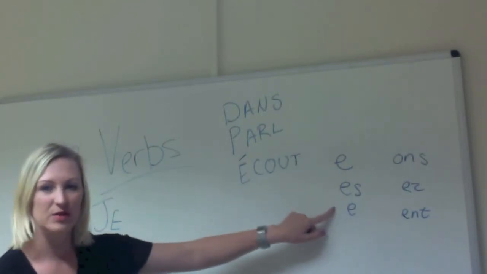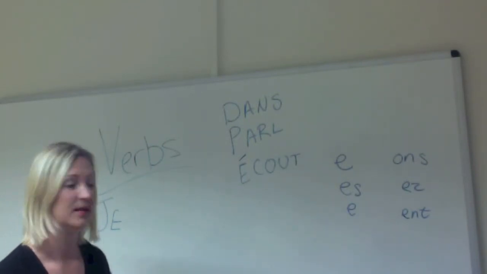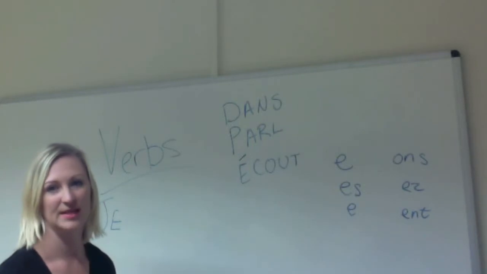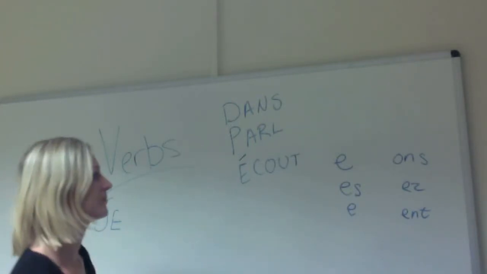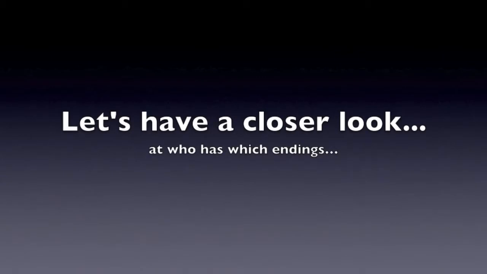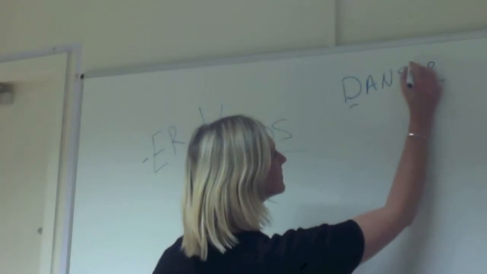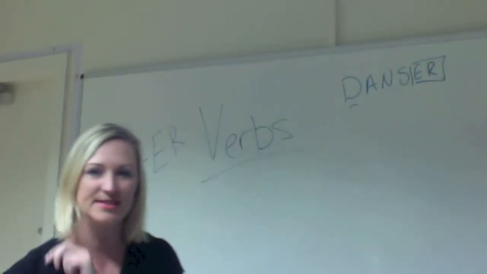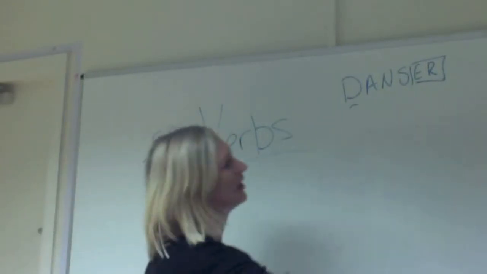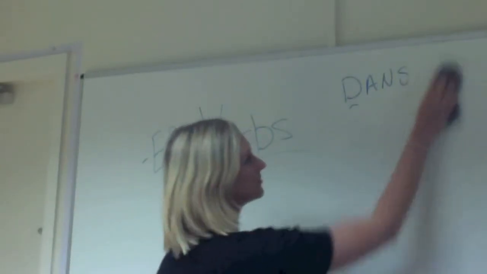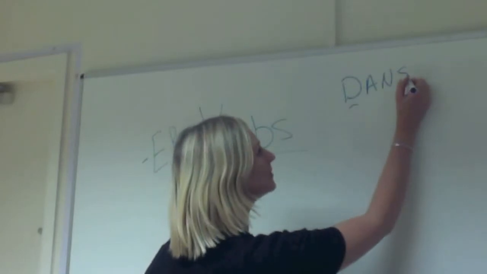These endings belong to a person. There are 6 endings, there are 6 different people we refer to. Danser is our infinitive. We're going to take off the ER, that's the ending, and we're going to leave it as danse.